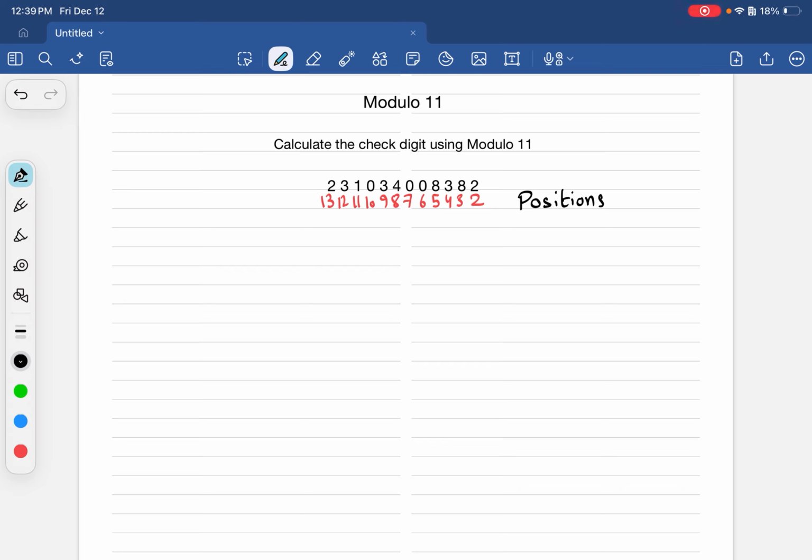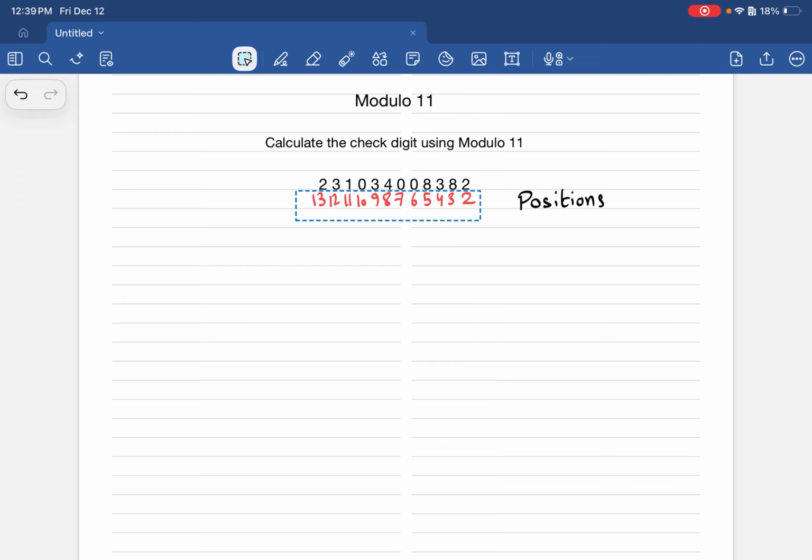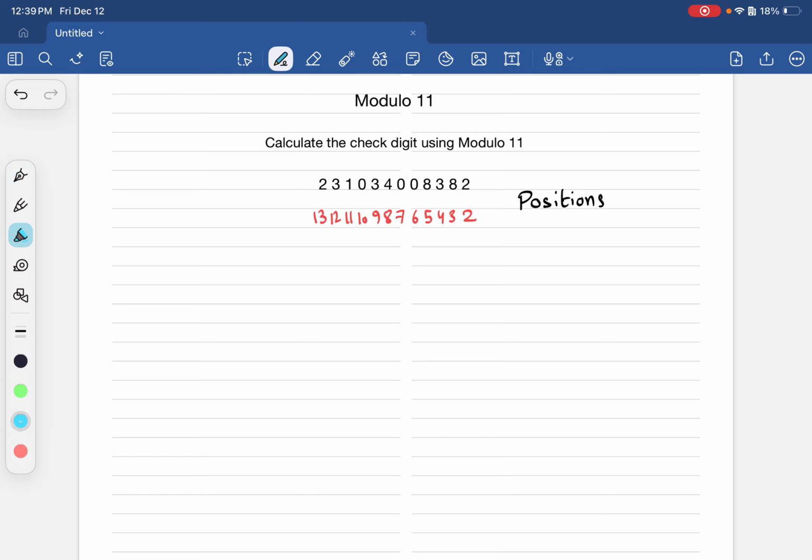Over here what you need to do is take all those numbers, and instead of adding all the even position numbers and odd position numbers, you have to multiply the number by the position that it has been given.